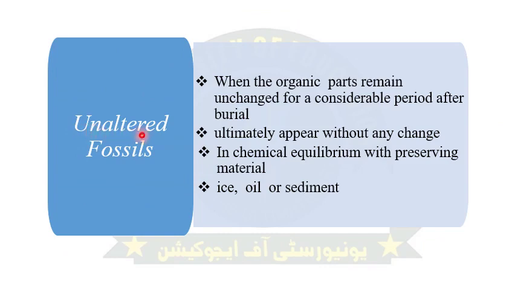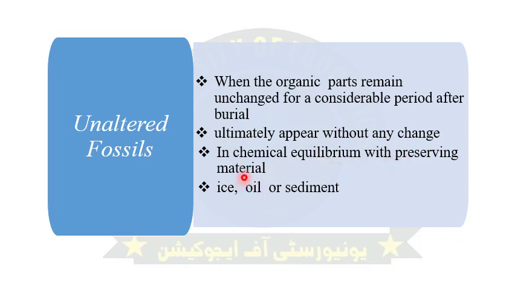Firstly, we will define what are unaltered fossils. When the organic parts remain unchanged for a considerable period after burial, they change into a fossil which is an unaltered fossil, meaning the original body is preserved in its original form. There is no change in the body during the process of fossilization. These ultimately appear without any change in chemical equilibrium with the preserving material.